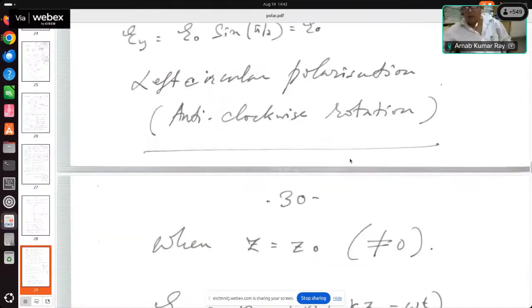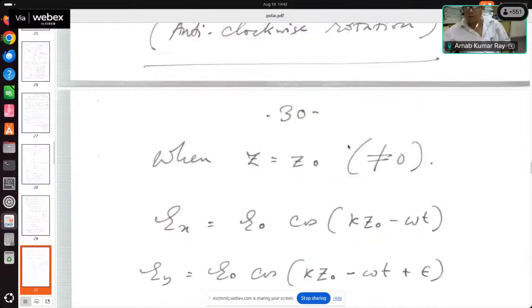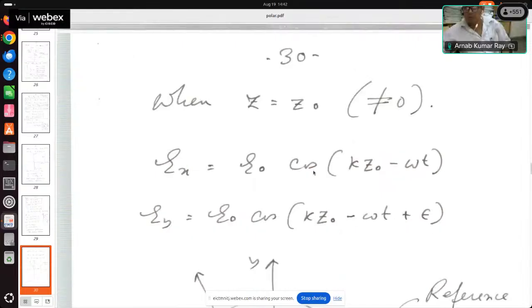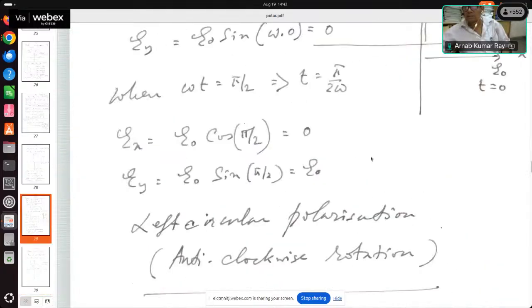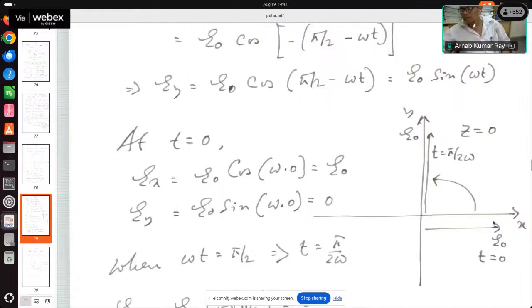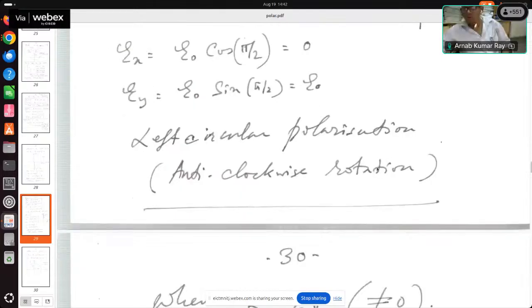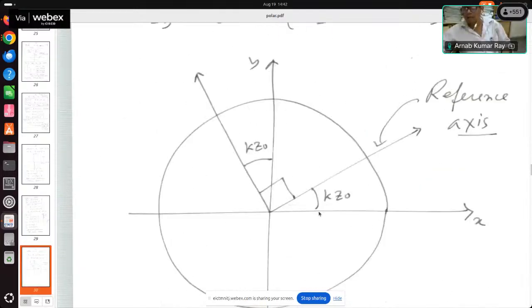Okay. So we said that we have frozen this thing on a plane, the plane z equal to 0. Suppose we had moved forward to a value of z equal to z naught, some positive value, then your initial phase angle contribution will have k z naught. And so basically this will just amount to whatever discussion that we have had so far, that this axis and this axis will all be rotated by a simple angular value.